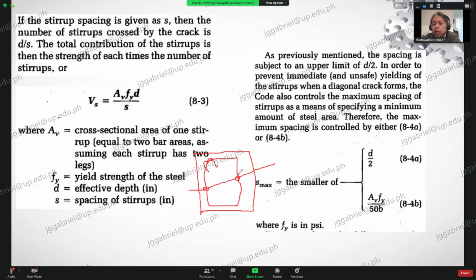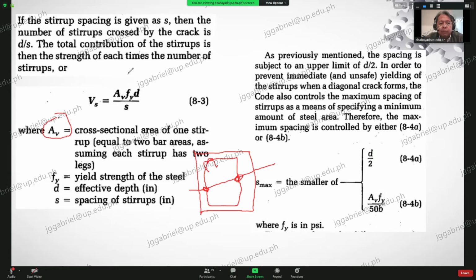So vertical yung cut, no? I mean, at an angle. Okay? It has an angle. So dalawang stirrups or dalawang areas ng stirrups ang nagko-contribute. Okay? So that's the total area of the steel that contributes to the shear force that is needed. Well, aside from the concrete.